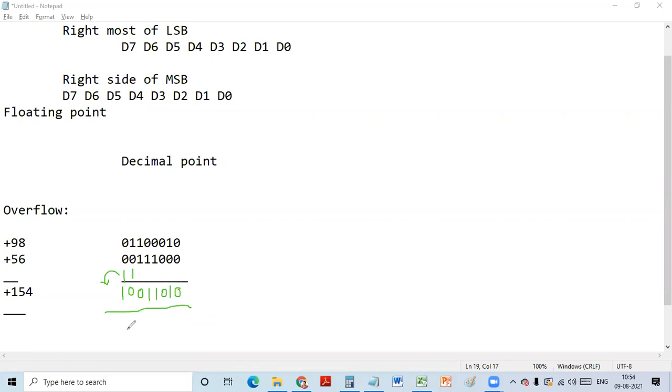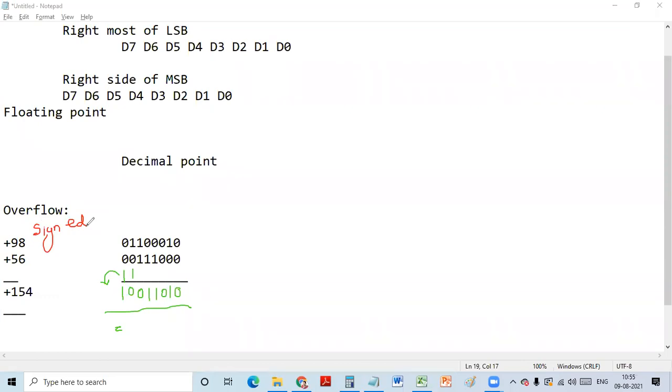And what is this value? Value of the result. To get this value, you need to first fix what type of numbers you are working with. See, if I say I'm working with signed numbers, in case of signed numbers, I may have both positive and negative.